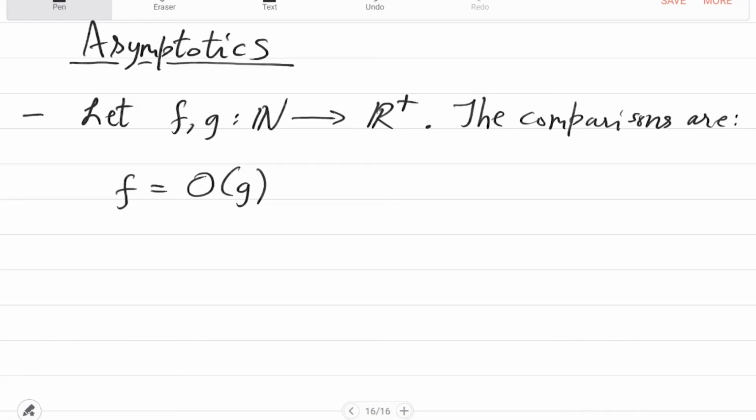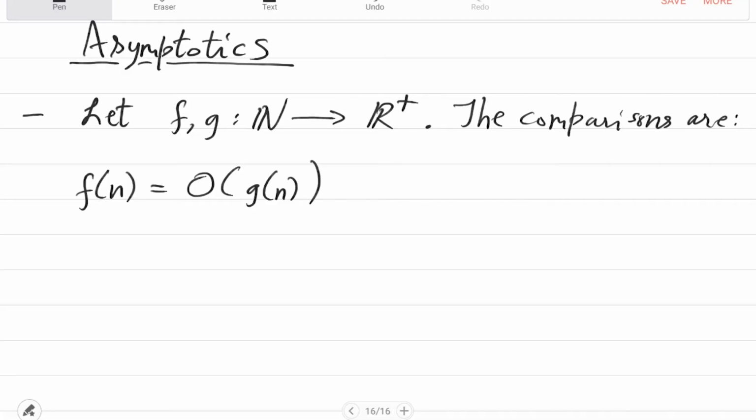So this is just saying that, remember these are functions, right? So there is this implicit n sitting here, f of n, g of n. When we say that the function f is big O of g, what is meant is that there is an absolute constant, let's say c, such that f(n) is less than or equal to c times g(n) for increasing values of n.